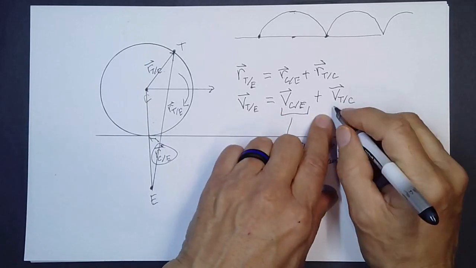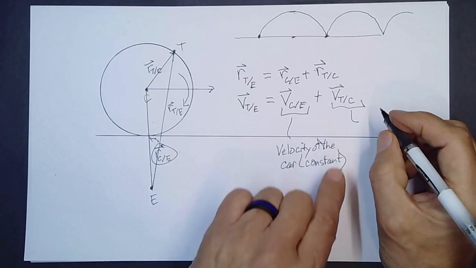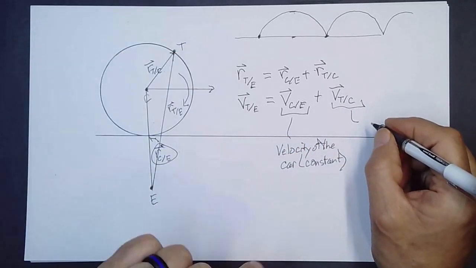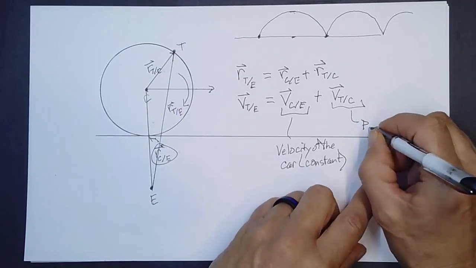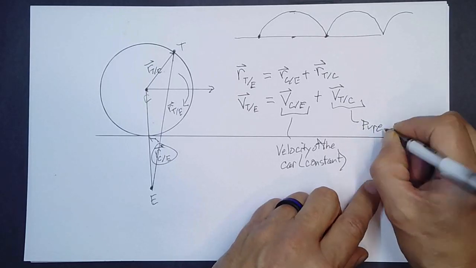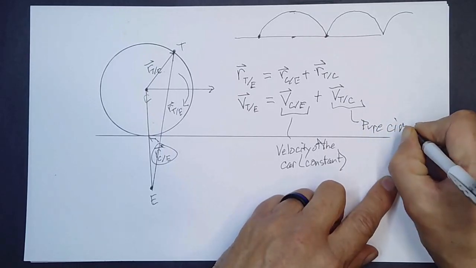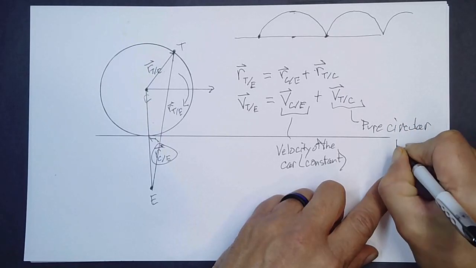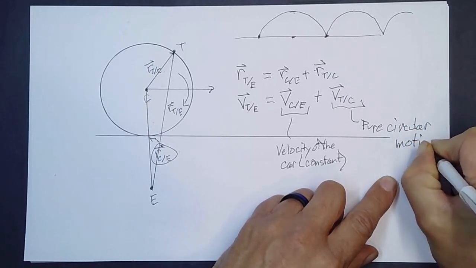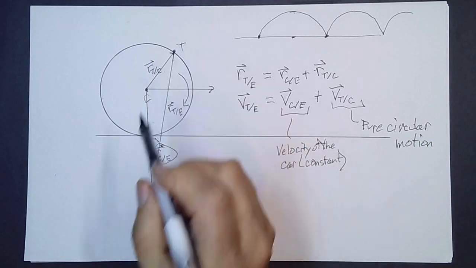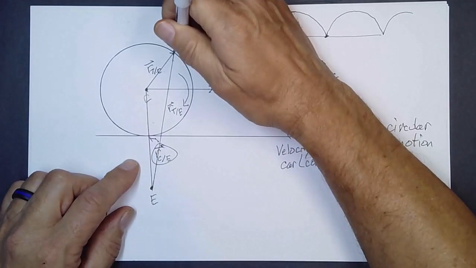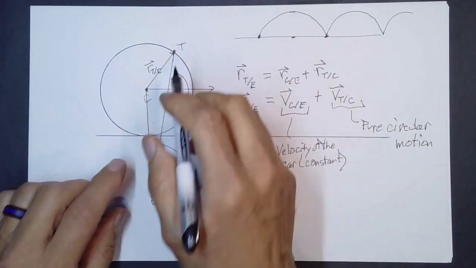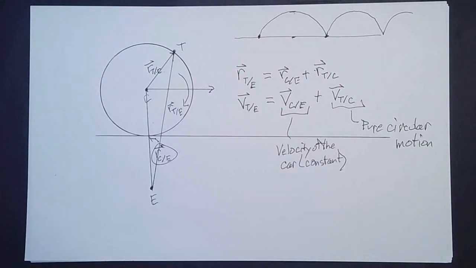Now, this is the motion of that piece of tread with respect to the center of the wheel. This is pure circular motion. It keeps changing direction constantly, but it's always tangential to the tire, and it's got a constant magnitude and just keeps doing its thing there.